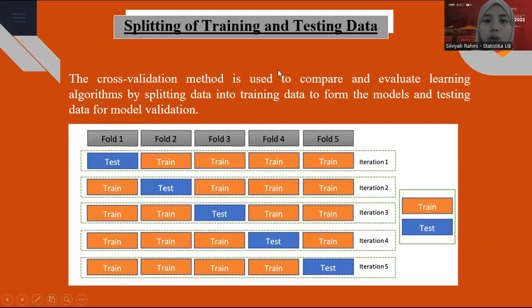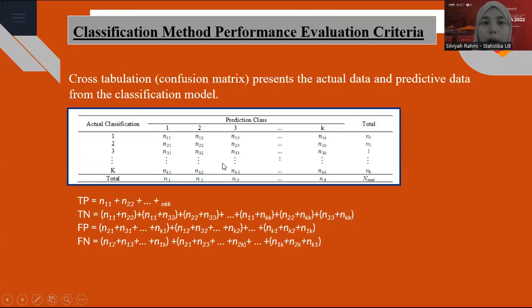The cross-validation model is used to compare and evaluate learning algorithms by splitting into training and testing. This picture shows that we have 5-fold validation, and the blue is for the test data, and the orange color is for the training data.